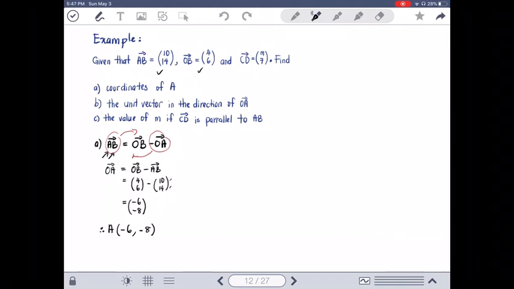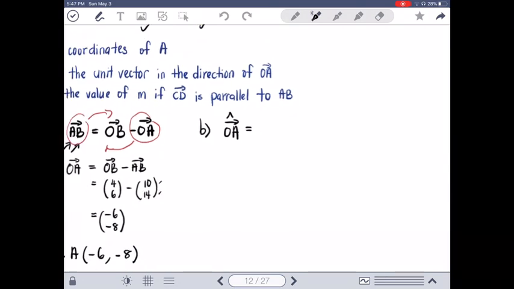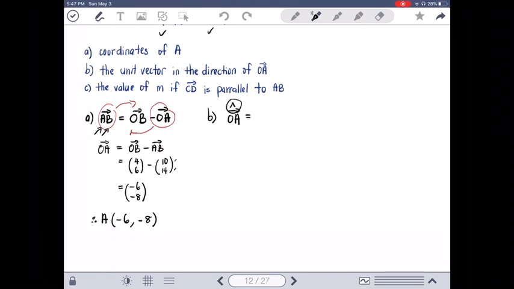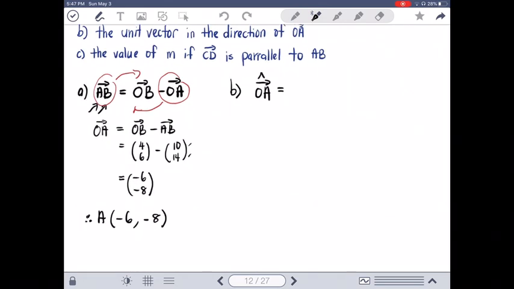So that should do for question A. For question B, the unit vector in the direction of OA. So we want to find the unit vector in the direction of OA. By formula, the unit vector, the hat symbol represents the unit vector, in the direction of OA is just equal to 1 over the magnitude of vector OA times vector OA itself.